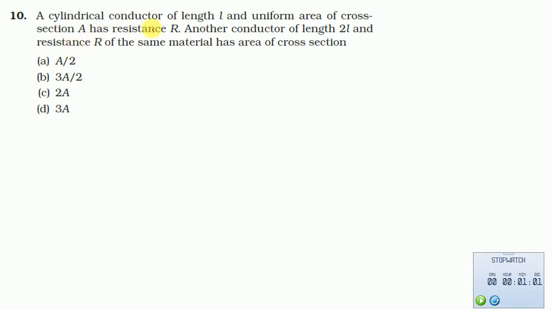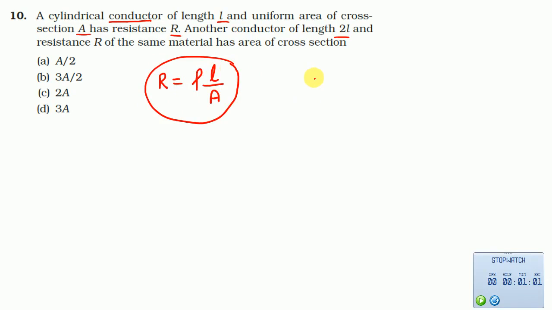Now, a cylindrical conductor, length L, cross section area A, has resistance R, and the conductor of length 2L. Firstly, if it has R resistance, the formula will be rho L by A, right? This is the formula of the resistance.